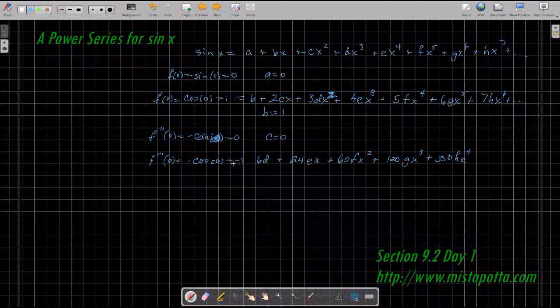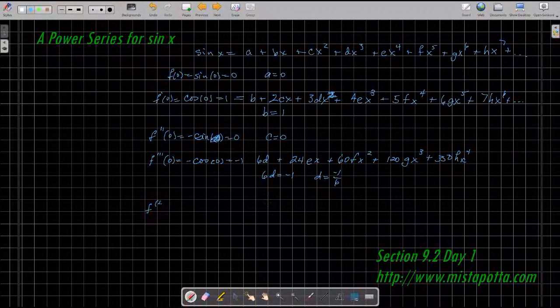And so in order for this to work out, 6d has to be equal to negative 1, and so d must be equal to negative 1/6.